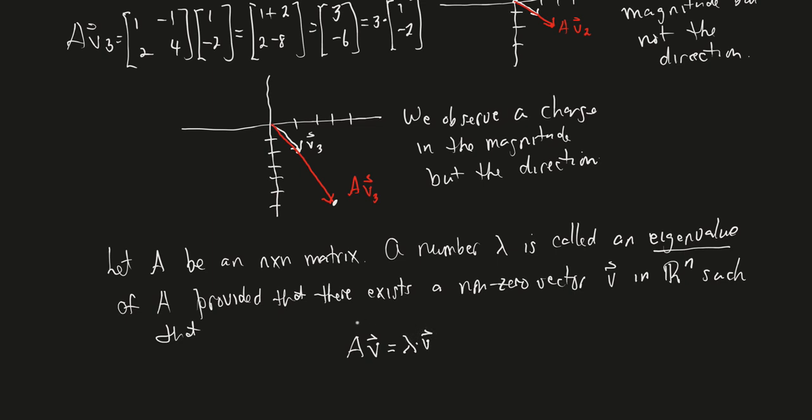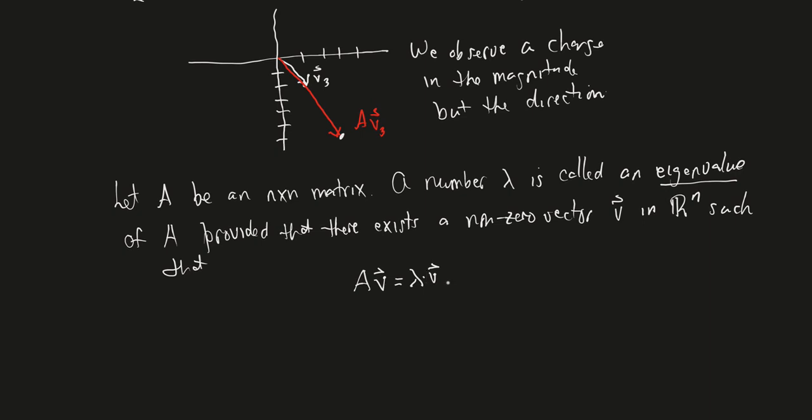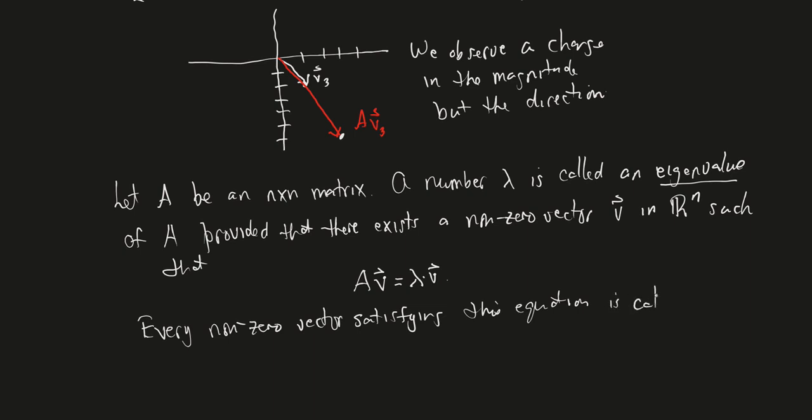Right? And let me write this down. So every non-zero vector satisfying this equation, so if we can find these special vectors that satisfy this equation, is called an eigenvector of A corresponding to the eigenvalue lambda.